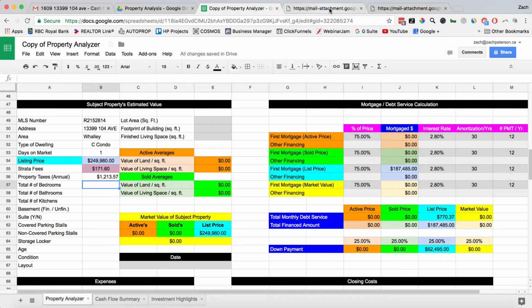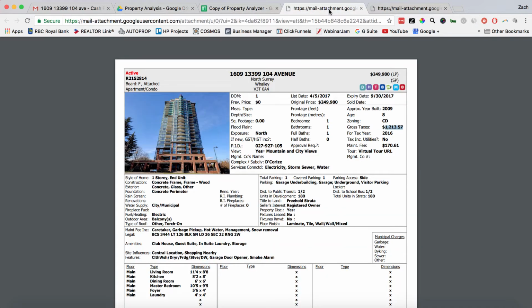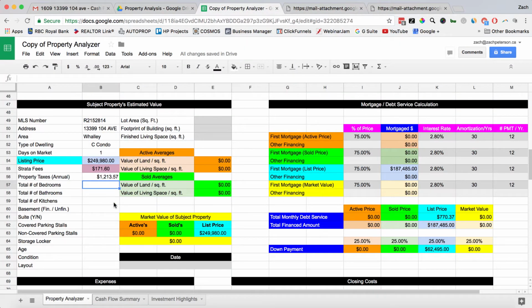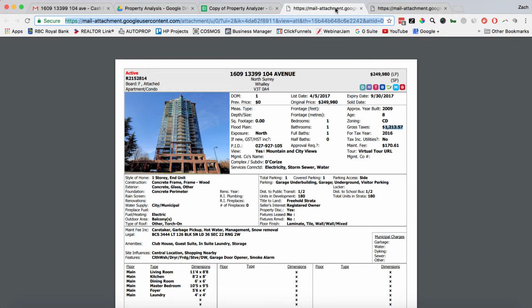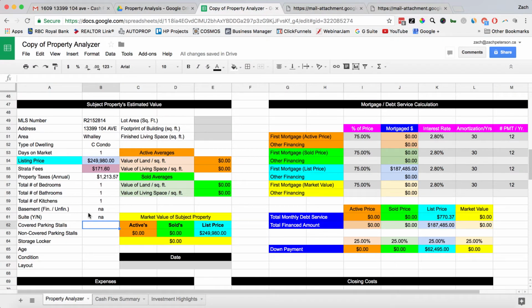Total bedrooms, bathrooms, kitchens. No basement, no suite. One parking stall.